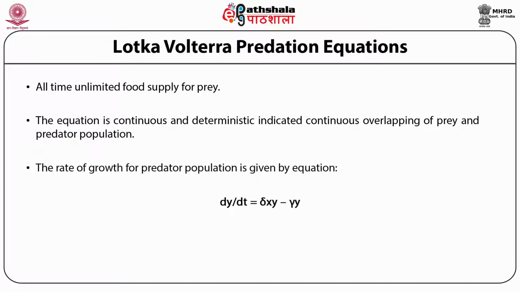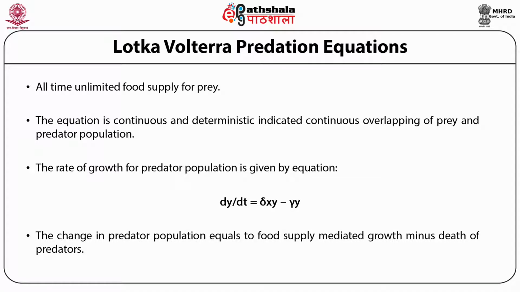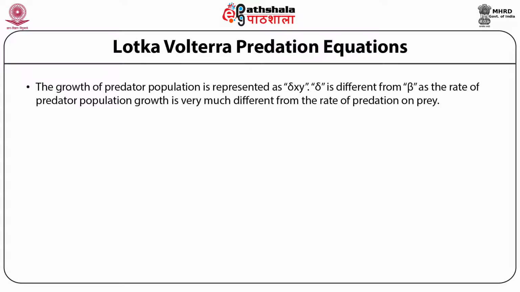The rate of growth for the predator population is given by the equation dy/dt = δxy − γy. The change in predator population equals food supply mediated growth minus death of predators. The growth of predator population is represented as δxy.